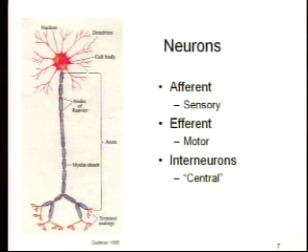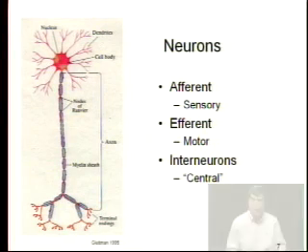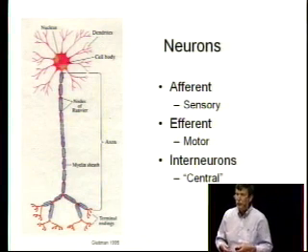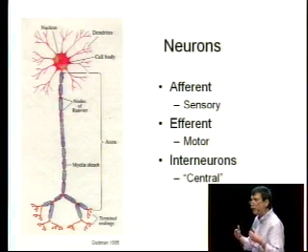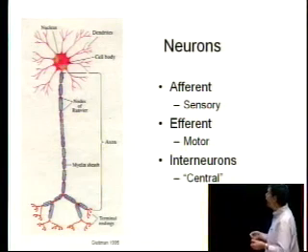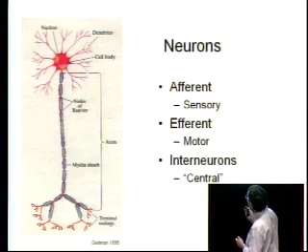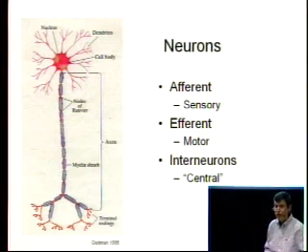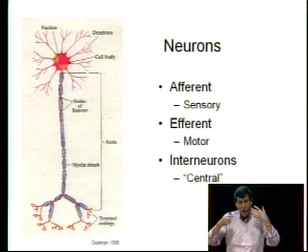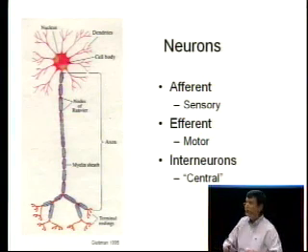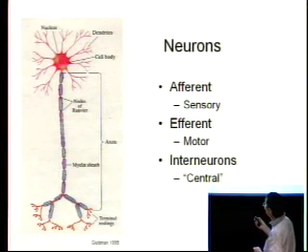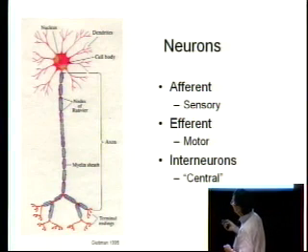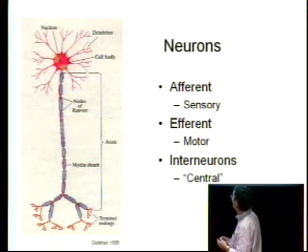Afferent neurons convey sensory impulses, the kinds of neural impulses that are involved in sensory function, hearing, touching, seeing, all of that business. Those messages are carried by afferent neurons, whereas motor impulses, where you're taking action with respect to the outside world, are carried by efferent neurons.